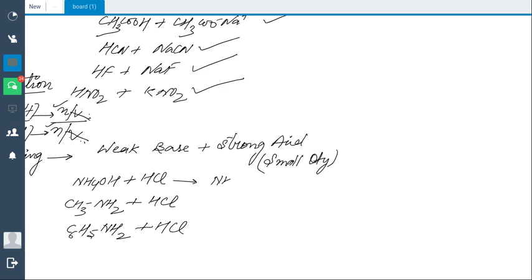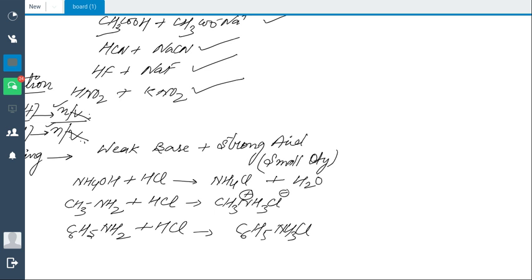This will form NH4Cl plus water. CH3NH3Cl, C6H5NH3Cl. Here you have to put plus, here you have to put minus, plus and minus.